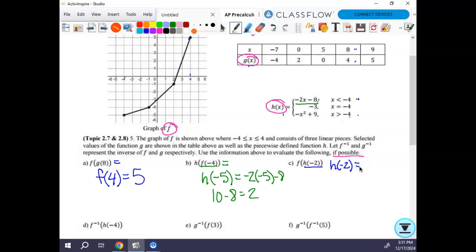So -2 is greater than -4, so this is going to be -2 squared plus 9, which gives me 4 plus 9, which gives me 13. Then that means I want f of 5. All right, so f of 5, when I go to 5, f of 5 is not defined. So this is undefined. So this is not possible.